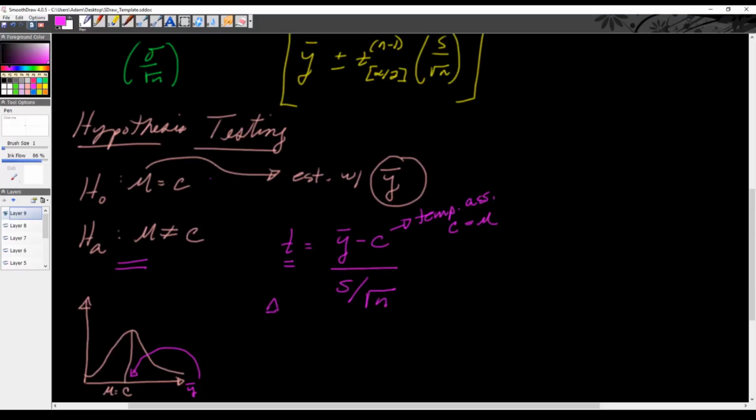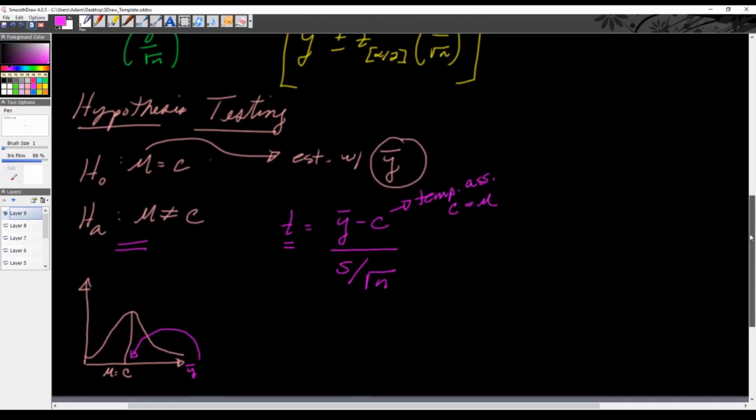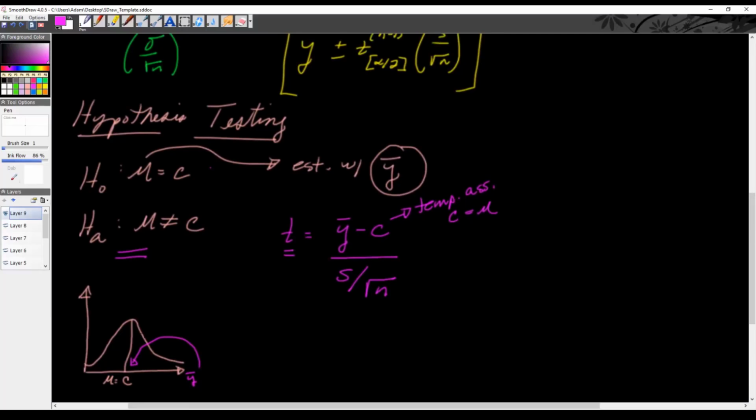So if we temporarily assume that mu is equal to c, and we get a sample value that is very large, let's say a sample value past the critical value, which includes 2.5% in each tail, that's going to happen 5% of the time by chance.